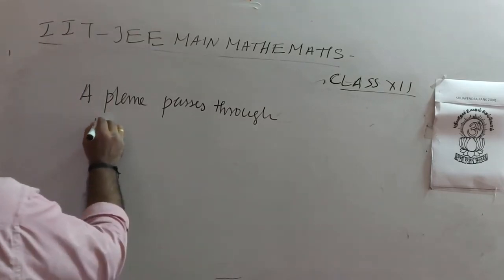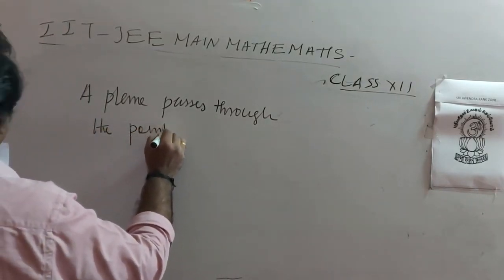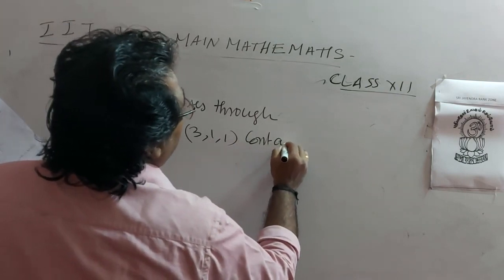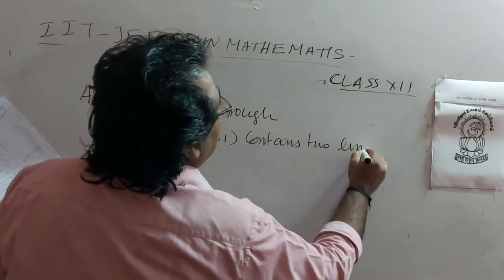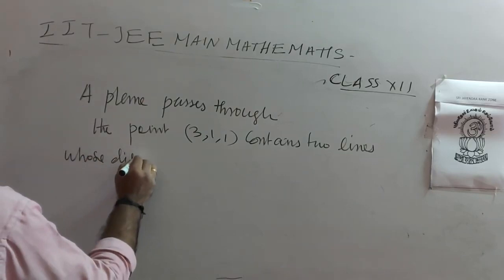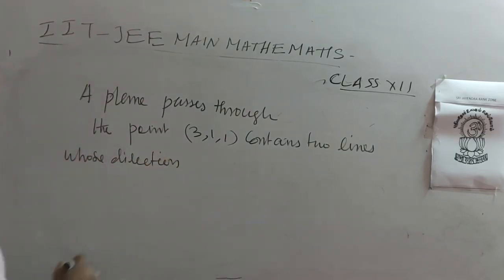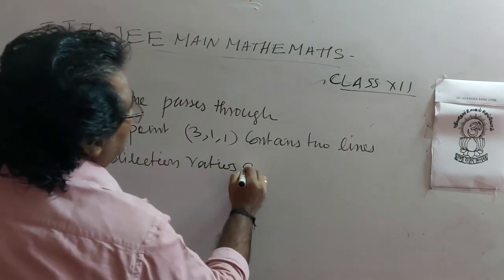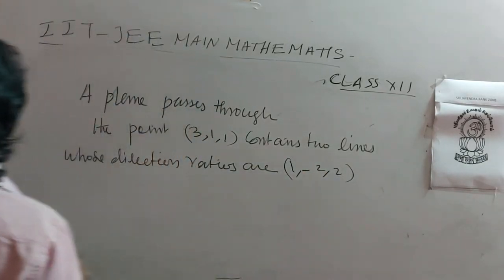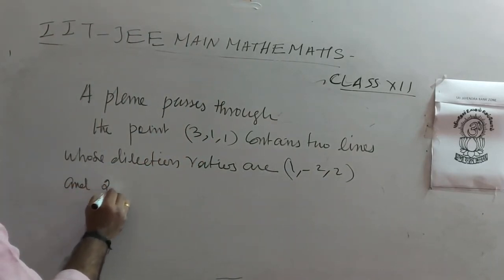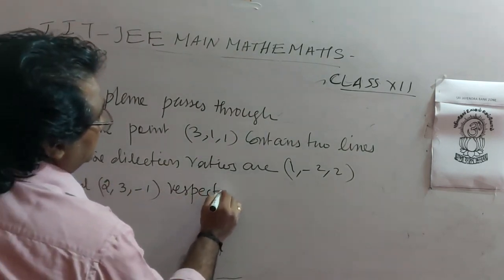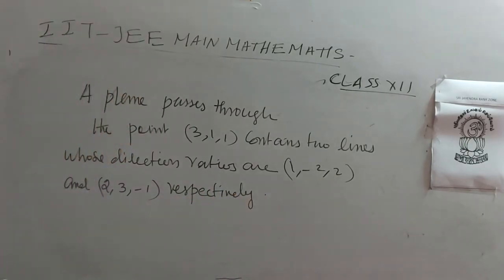A plane passes through the point (3, 1, 1) and contains two lines whose direction ratios are (1, -2, 2) and (2, 3, -1) respectively.